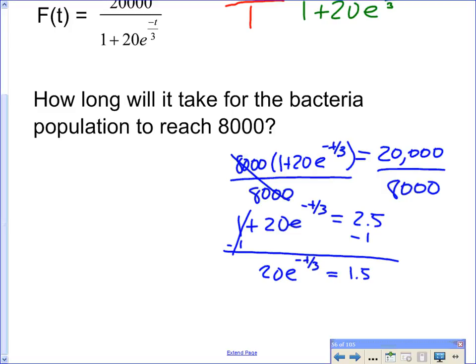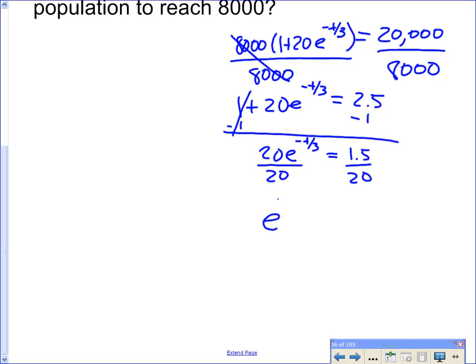Again, working towards isolating the t, so I'm going to divide both sides by 20. And when I divide both sides by 20, I end up with e to the negative t over 3 is equal to 0.075. Okay, and now it's time to deal with that t that we're looking to solve for. So we're going to take the natural log of both sides, and at the same time I'm going to bring this negative t over 3 out front.